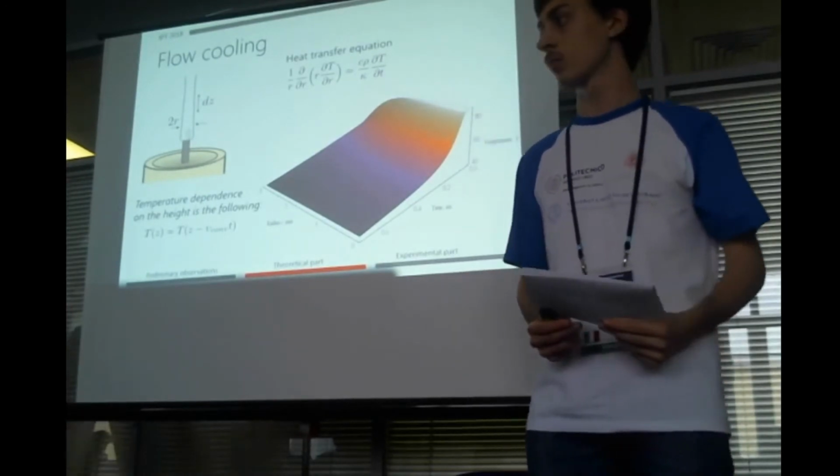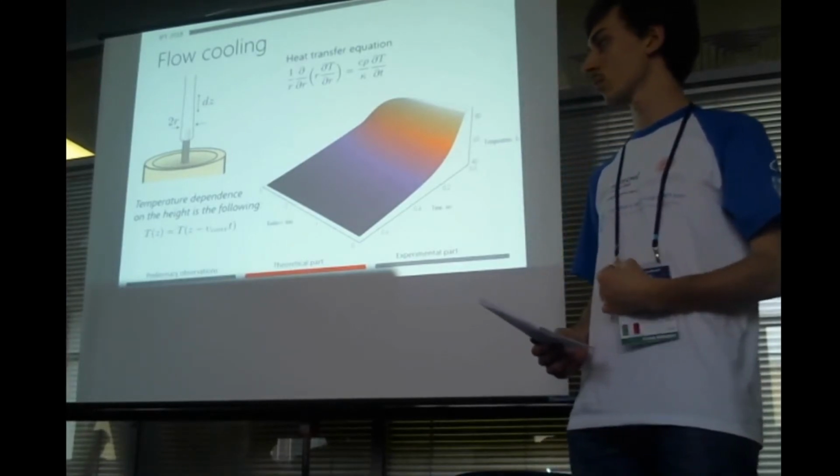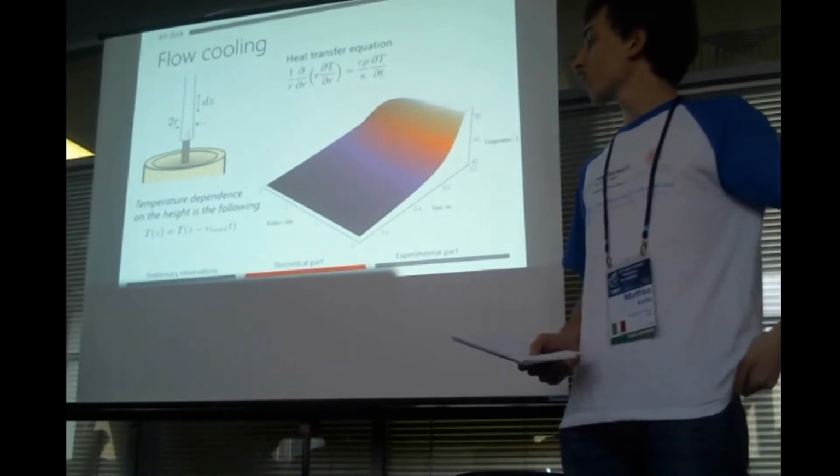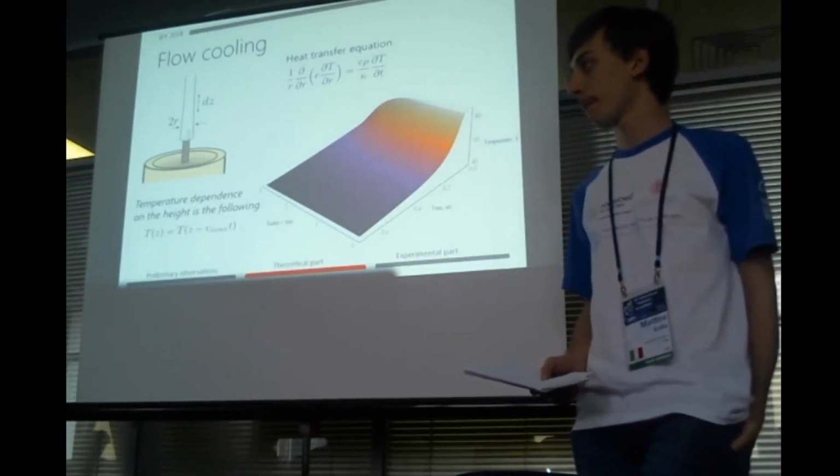Now the concluding remarks by the reporter. The problem asks us to study the maximal possible height of relight in the candle, and we investigated it theoretically, and then we verified it experimentally.